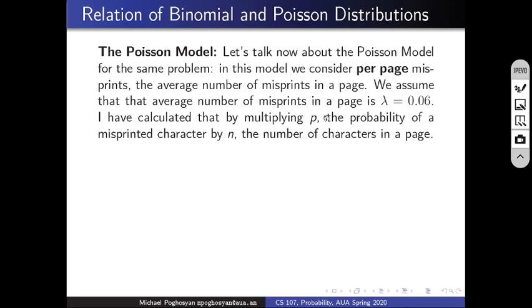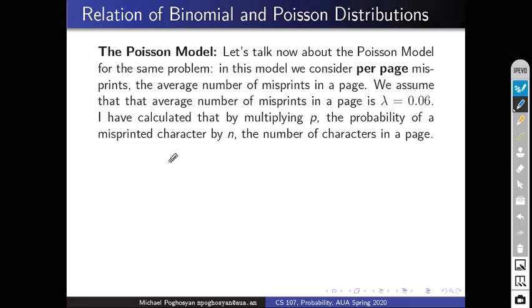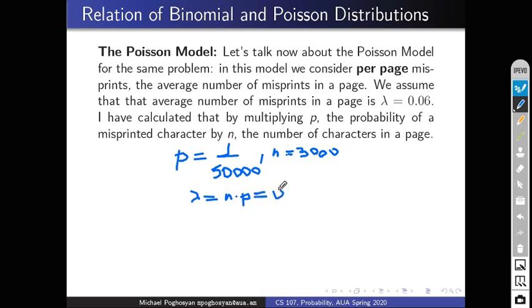I've calculated that by multiplying p, which, if you remember, was 1 over 50,000, times n, the number of characters, which was 3000, and lambda is n times p, which gives that 0.06. So I have calculated it by using n times p.